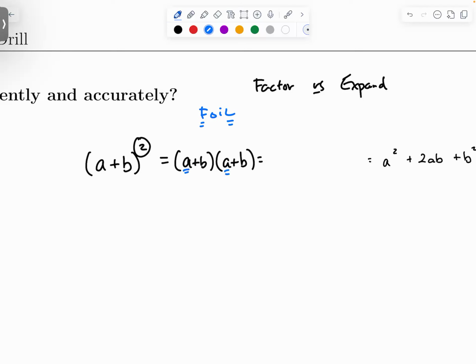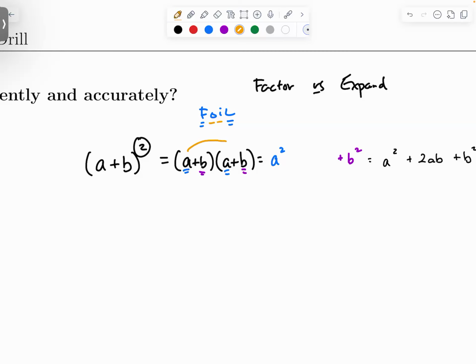Meaning, let's do a times a, which is a squared. Let's do b times b, which is b squared. Okay? They're very easy. And by the way, it's plus b squared because it's positive b times positive b. And then we'll go ahead and take care of the outer and the inner.